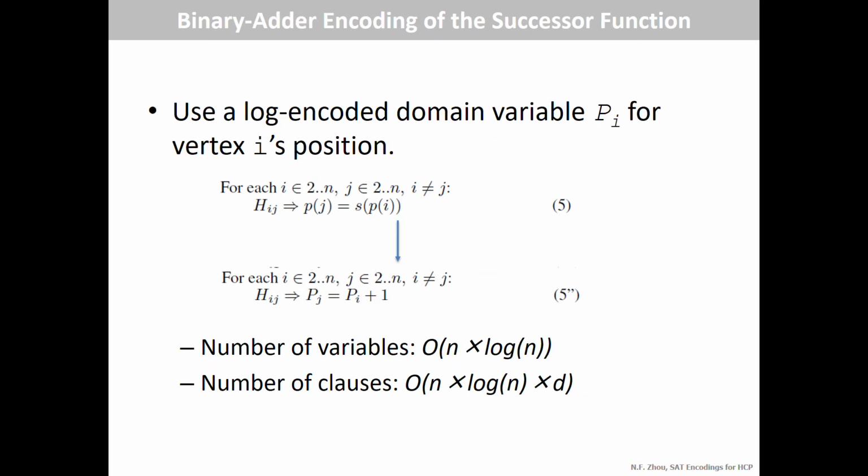In the binary add encoding, we use log encoding for the domain variables, and the transition constraint is encoded as follows. For each vertex i and vertex j, if i and j are connected, then j's position is i's position plus 1.